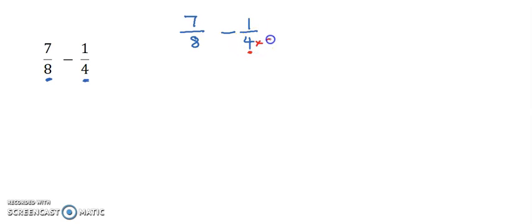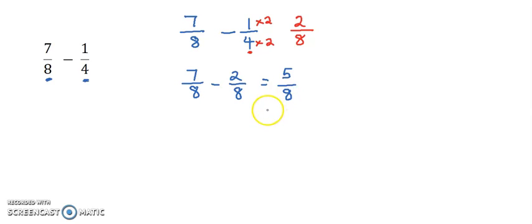And we can do this by multiplying the 4 by 2, and the 1 by 2. And the new equivalent fraction we'll get is 1 times 2 is 2, and 4 times 2 is 8. So we now have a new fraction that is equivalent to 1/4, and that is 2/8. So now we rewrite the problem, 7/8 minus 2/8, and we know that 7/8 minus 2/8 is going to give us 5/8.